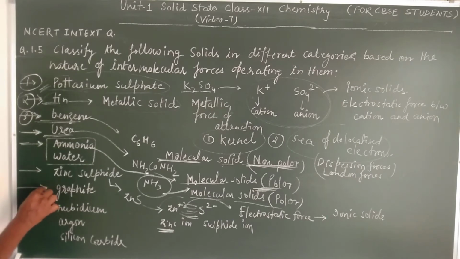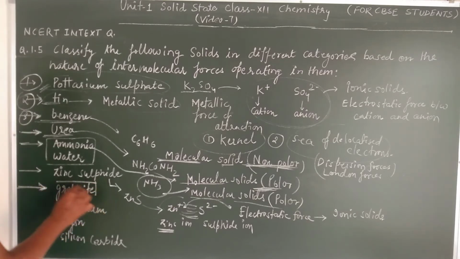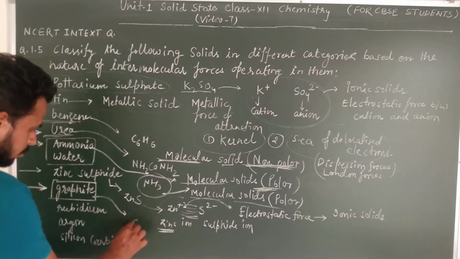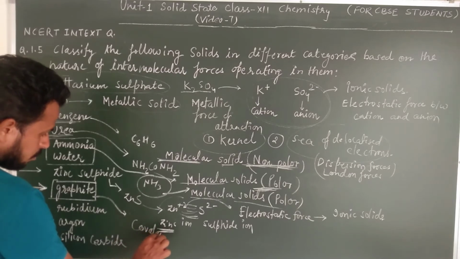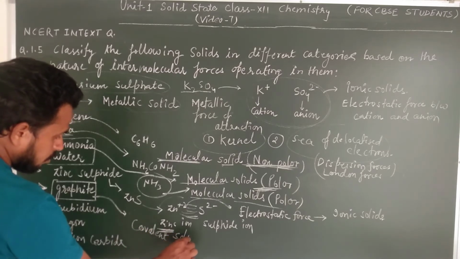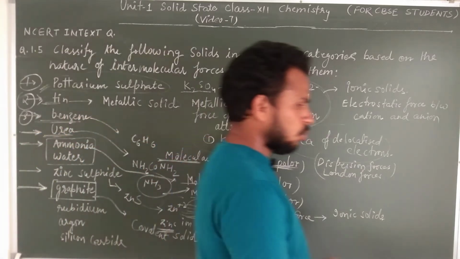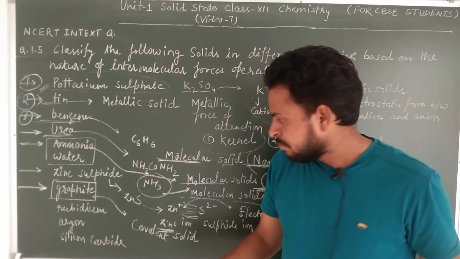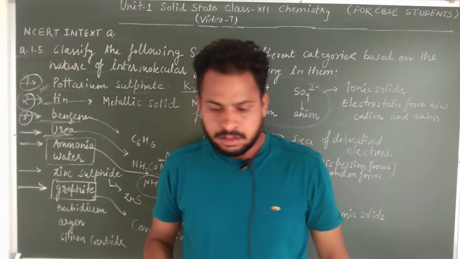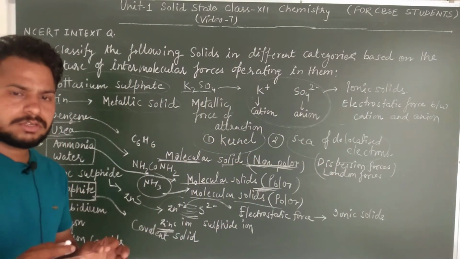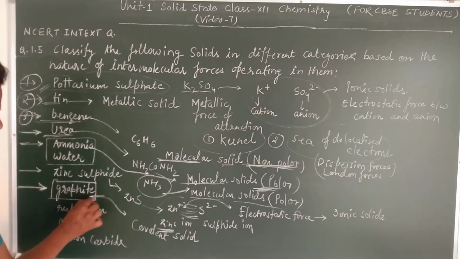If we talk about graphite, graphite is a covalent solid. We discussed in previous video lectures, graphite and diamond are the most popular covalent solids.